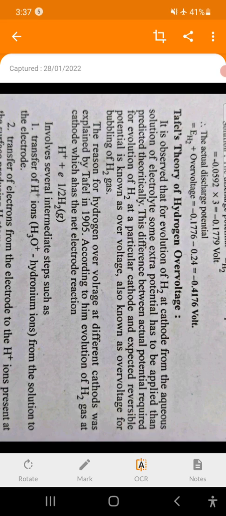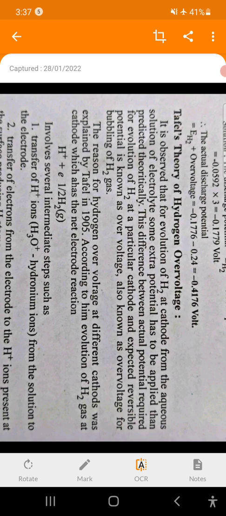Why does H2 evolution result in overvoltage? Tafel gave different stages for evolution of any gas at the respective electrode.